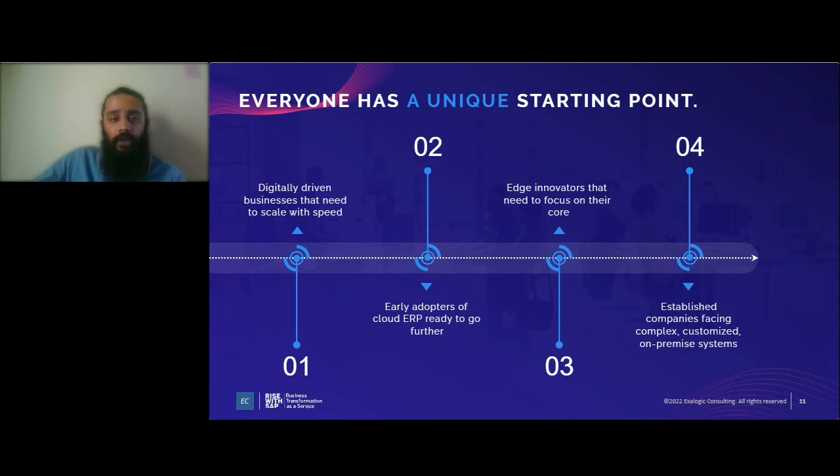You might also be a company with a longer heritage and history that is facing complex or often highly customized on-premise system architectures. Although these systems have delivered for decades, they carry a higher cost and are limiting the ability of the company to adapt and innovate quickly.